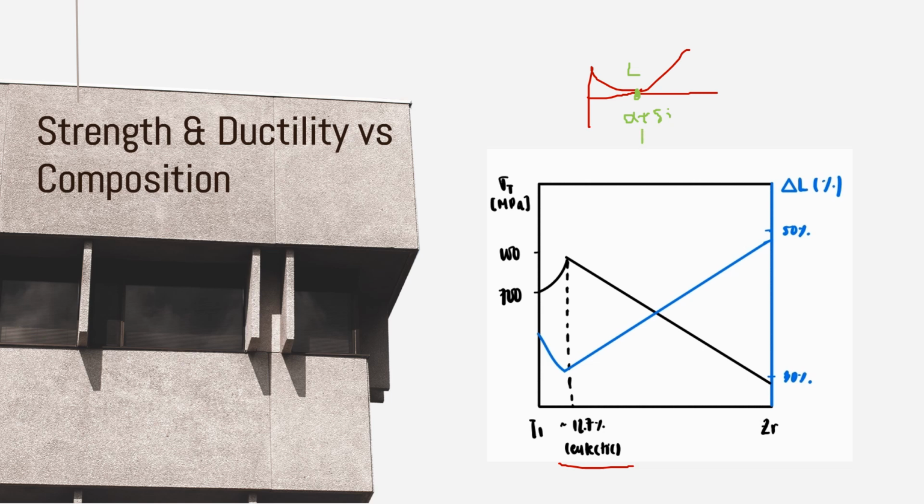It was at a concentration of approximately 12.7%. And this is the concentration at which the maximum tensile strength and minimum ductility occur, which was to be expected as it is the most important point in the phase diagram.